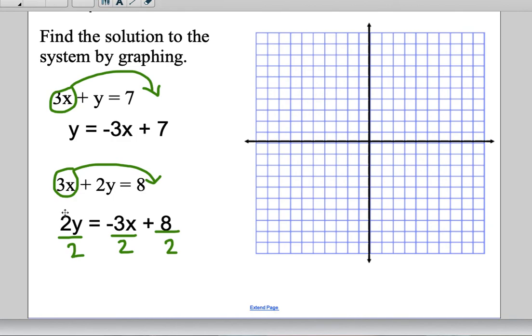And when we do that, we would be left with y equals -3 over 2 x plus 4.